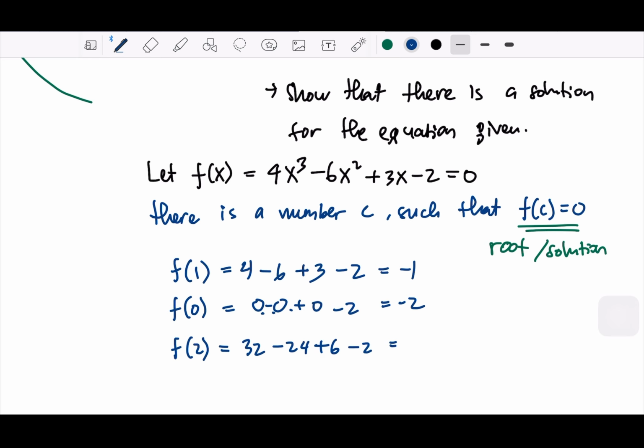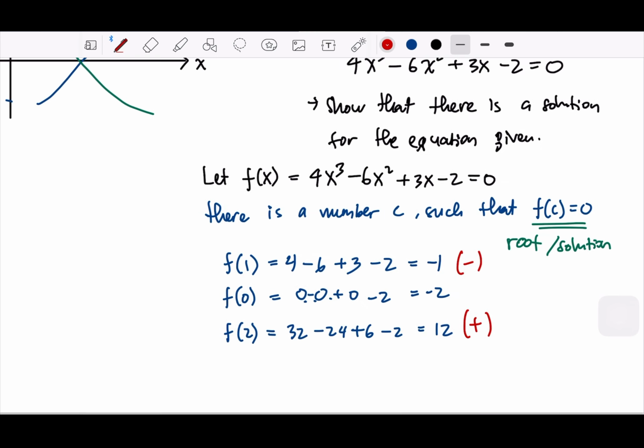And we get the, let me check, okay. So this is positive, right? So since this is negative, or maybe let me write with the red color. Since this is negative and this is positive, for sure there will be something in between.